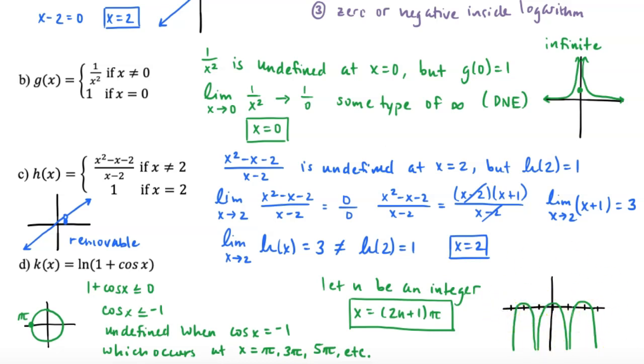Okay, this is a general idea of what this looks like. I can see that this is also an infinite type of discontinuity because of those asymptotes.